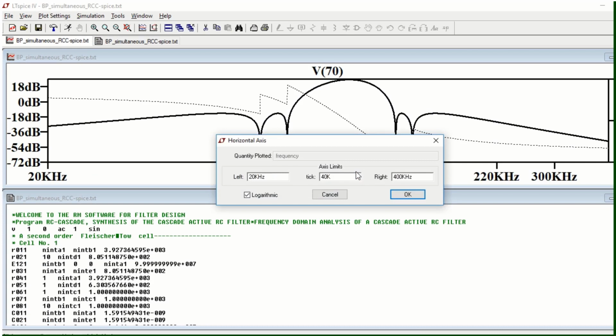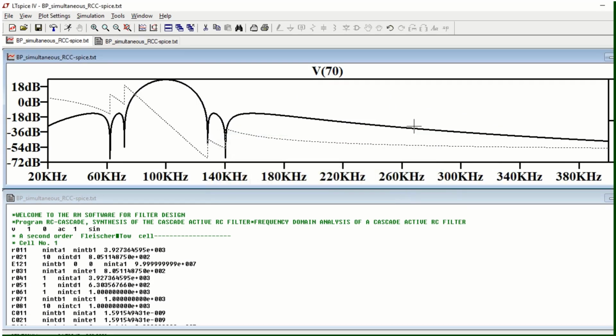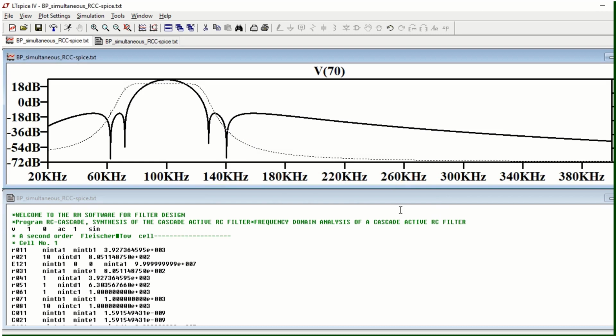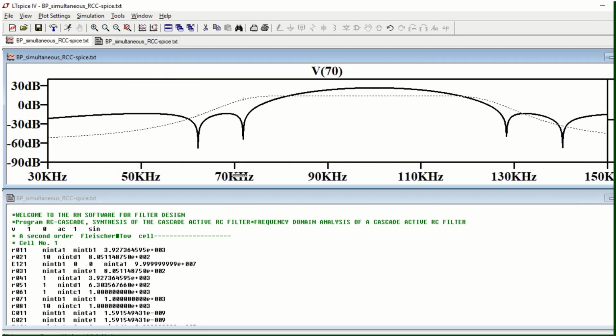And here we have to do 2 corrections. So it is linearly, arithmetically symmetric, not geometrically symmetric, and group delay. And you can see here the constant group delay all over the passband.